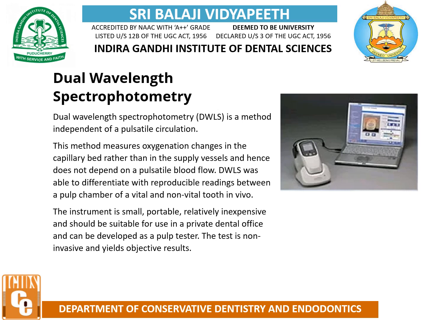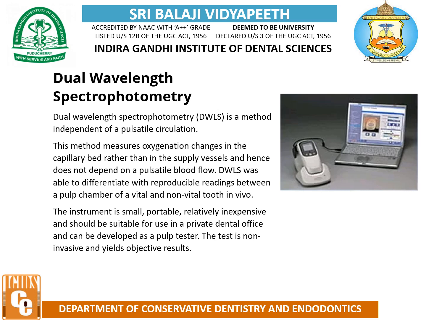Dual wavelength spectrophotometry. Dual wavelength spectrophotometry is a method independent of a pulsatile circulation. This method measures oxygenation changes in the capillary bed rather than in the supply vessels and hence does not depend on a pulsatile blood flow.